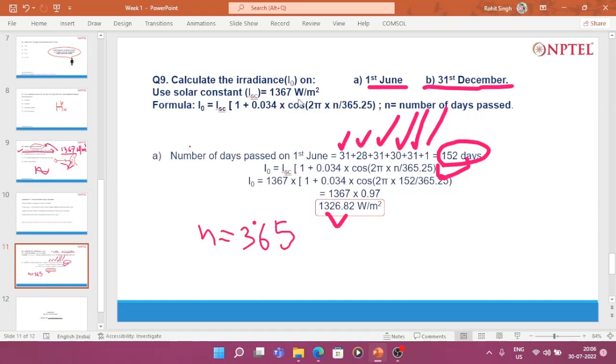Okay? The I_SC value, that is the solar constant, is 1367. We got the n value here, we got the I_SC value here.